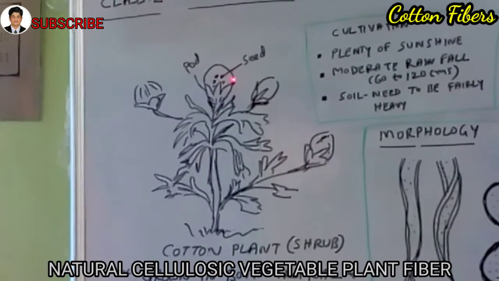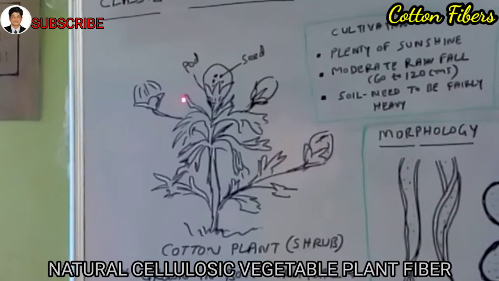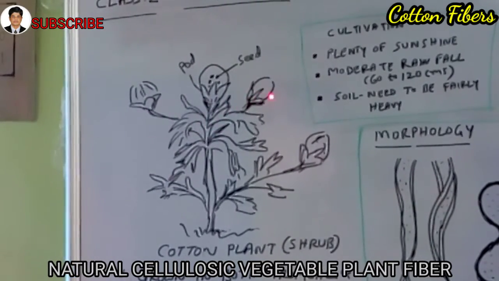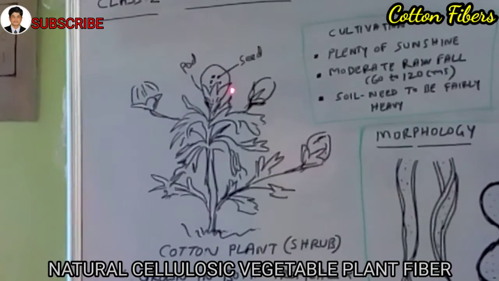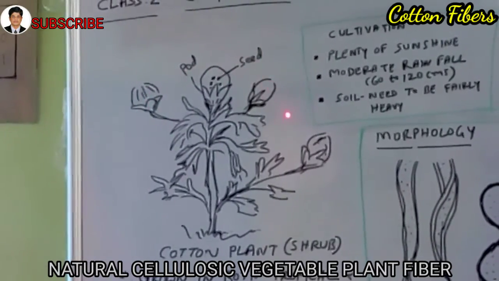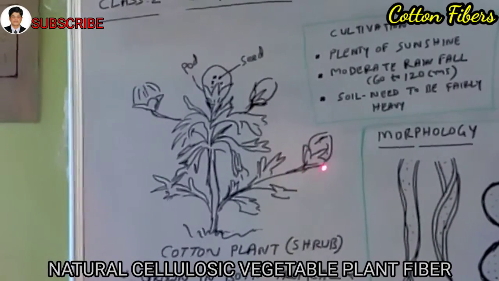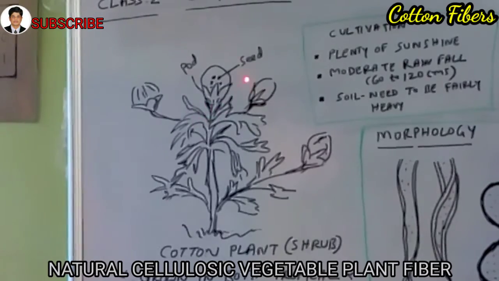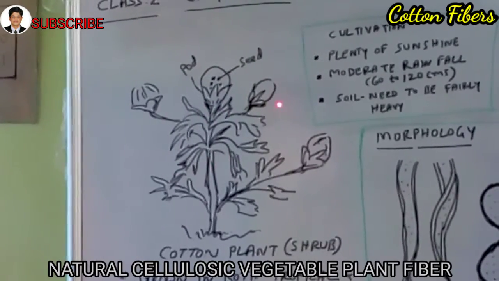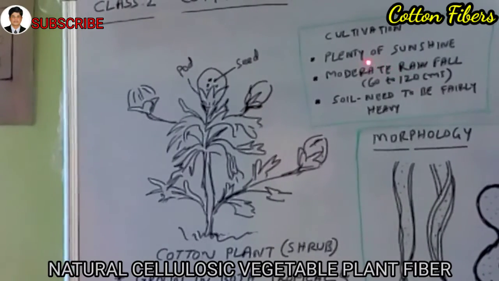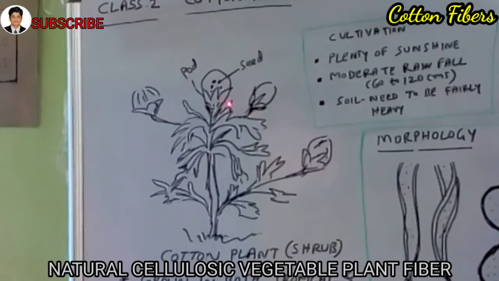When harvest time comes, these pods are almost dry, about 90% dried. The harvest takes place in the sunshine period.